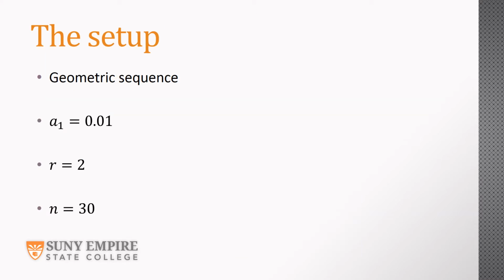We need to consider this problem carefully. Because the penny is doubled daily, it is being multiplied by 2 each day. This makes it a geometric sequence. The first term is the value on the first day, 1 cent. The common ratio is 2. We want to find the total amount for a period of 30 days, which is our value for n.